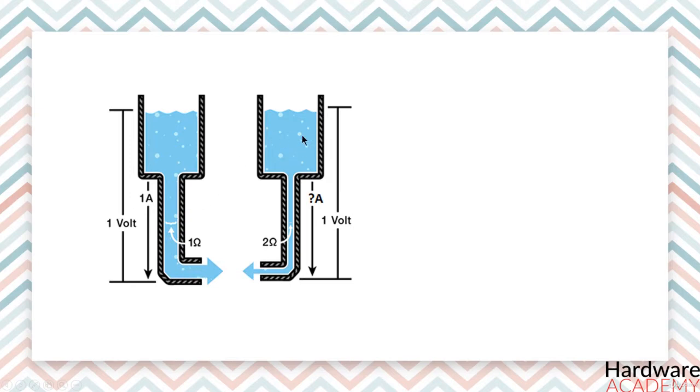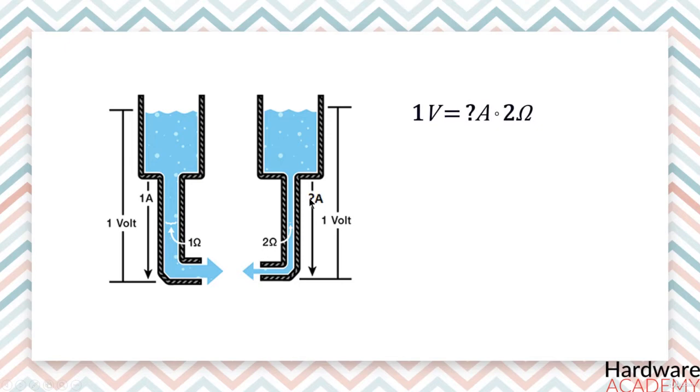Using this analogy, let's now look at the tank with the narrow hose. Because the hose is narrower, its resistance to flow is higher, right? So let's define this resistance as 2 ohms. The amount of water in the tank is the same as the other tank, right? So using Ohm's law, our equation for the tank with the narrow hose is 1 volt equals current times 2 ohms.